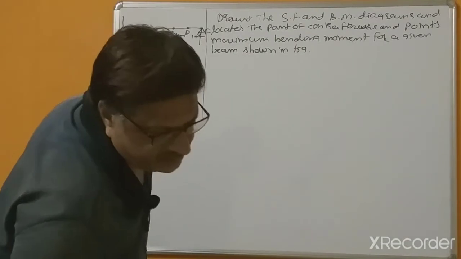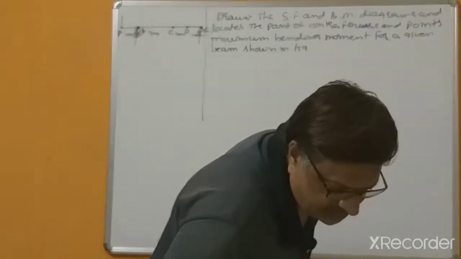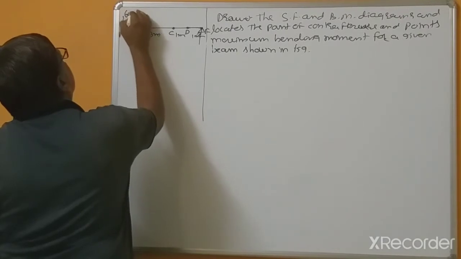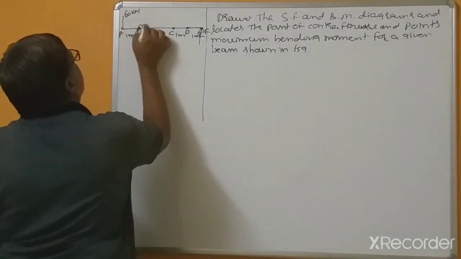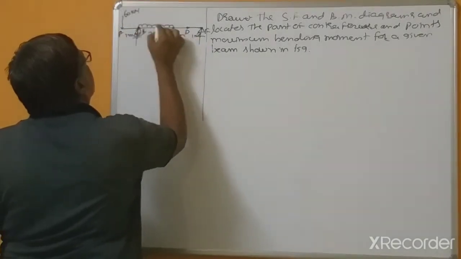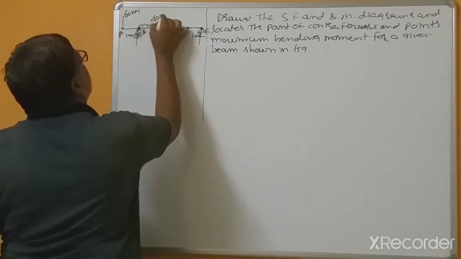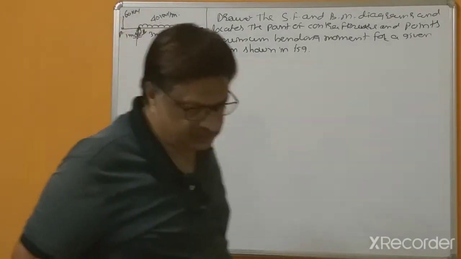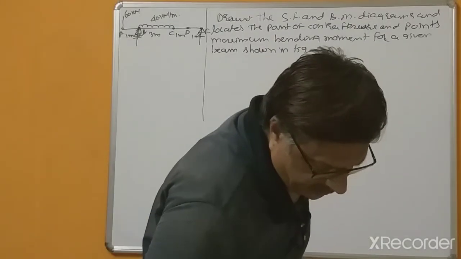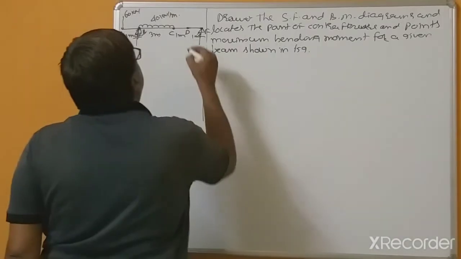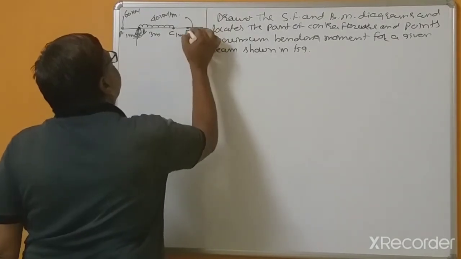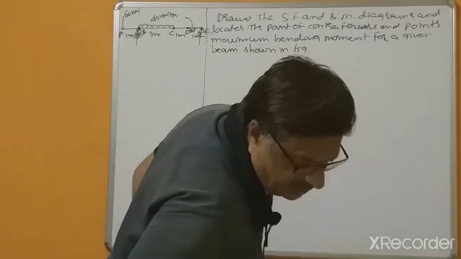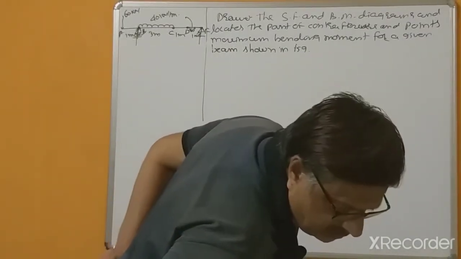Concentrated load 60 kilonewton, a uniformly distributed load of 40 kilonewton per meter, and a moment acting at D point, 120 kilonewton meter.